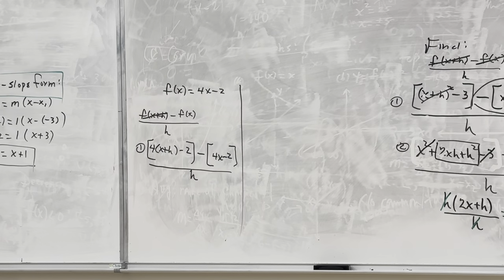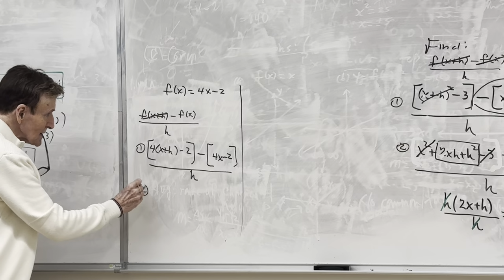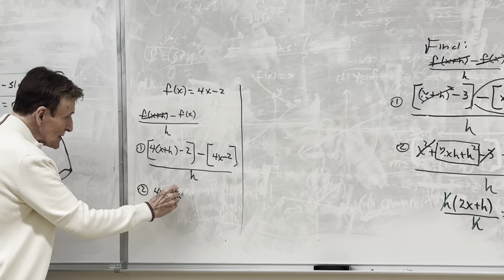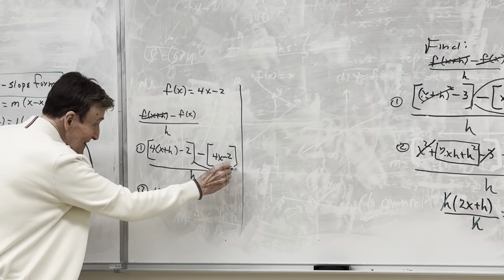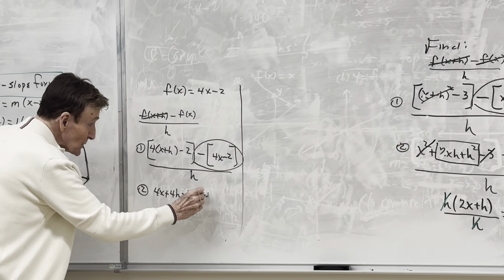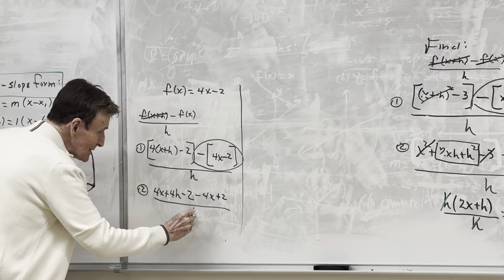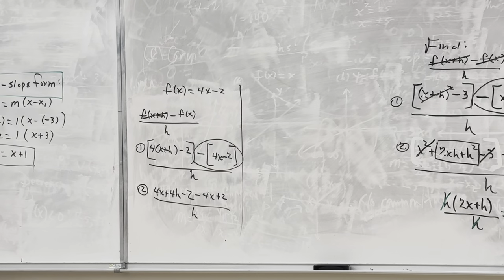Now, when you clean that up, it better be 4. Now, see if it is. This is 4x plus 4h subtract 2. This minus 4x plus 2. All over h.